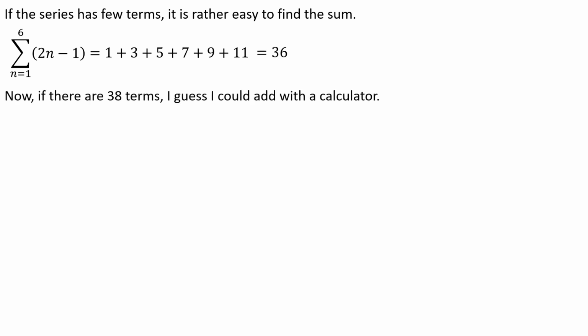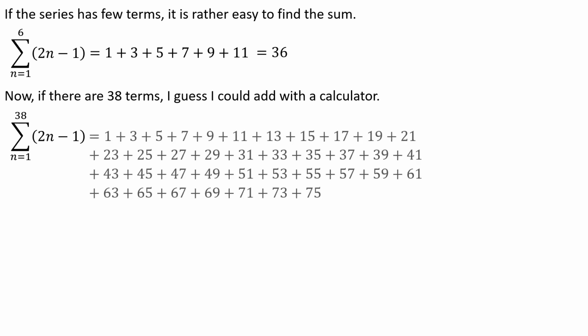Now, what if instead of going from 1 to 6, I went from 1 to 38? What if there's 38 numbers in that list? Or 38 terms if I want to speak like a mathematician. A normal person would say 38 numbers in the list. A mathematician will say there's 38 terms in the series.